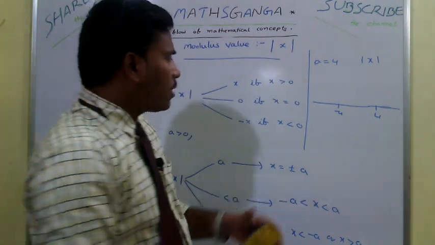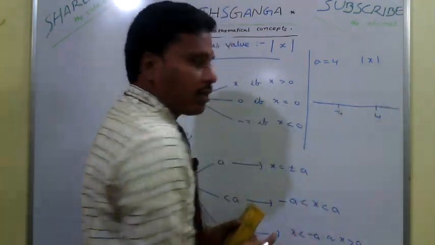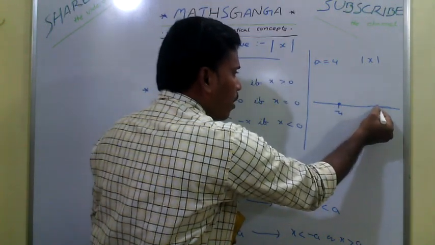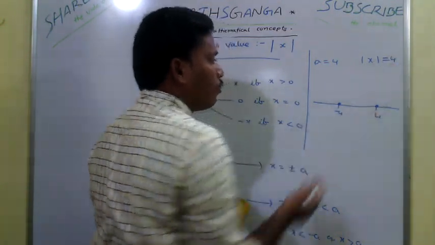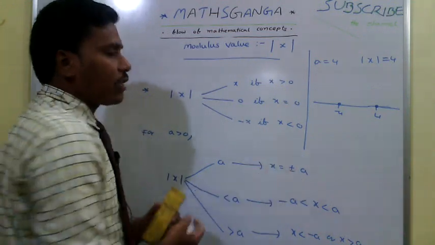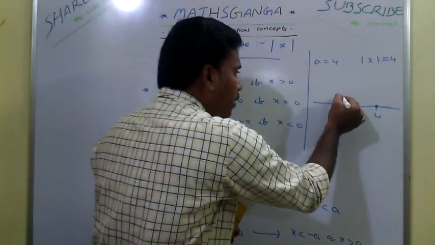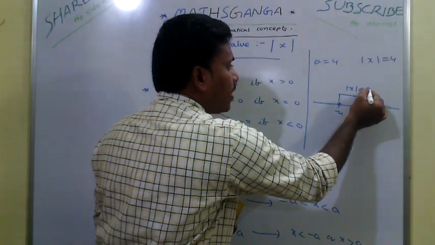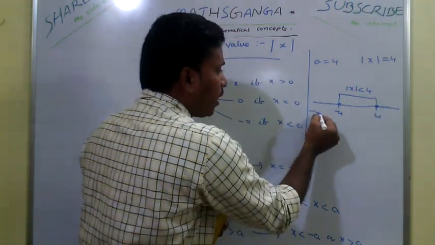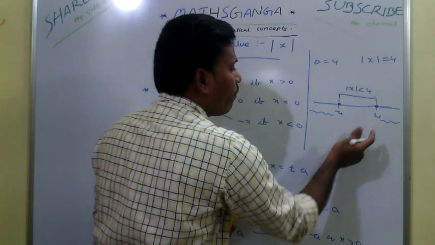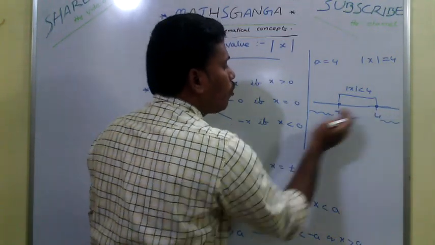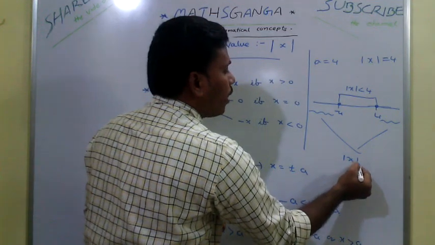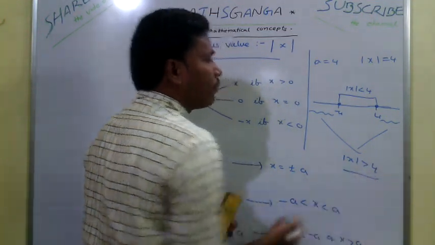In these two cases, plus or minus 4, mod x is equal to 4. In between these two, mod x is less than 4. And for every value of x which is greater than 4 or less than minus 4, mod x is greater than 4.